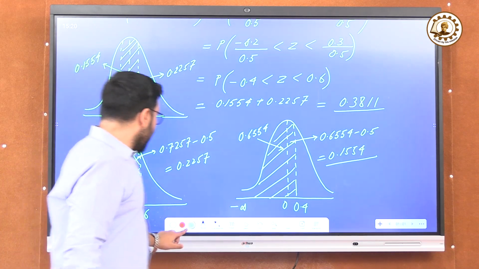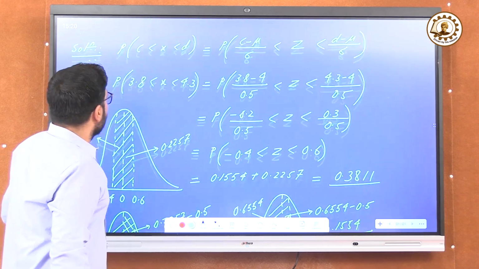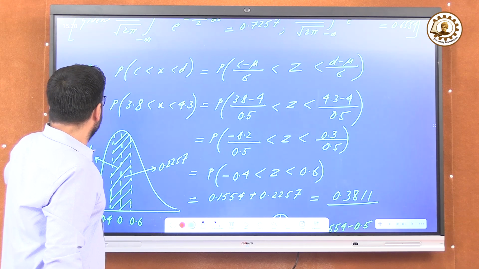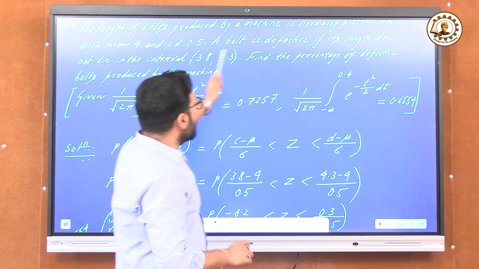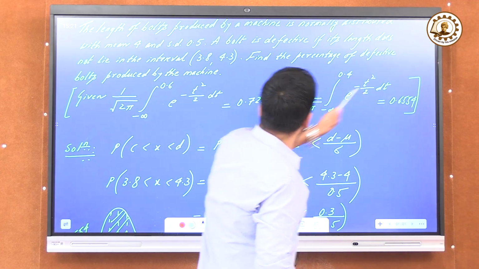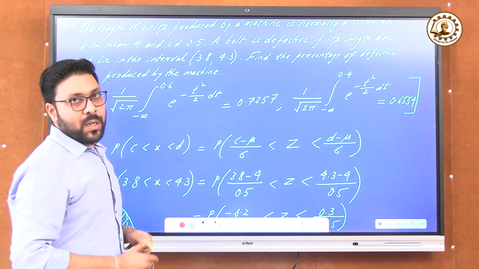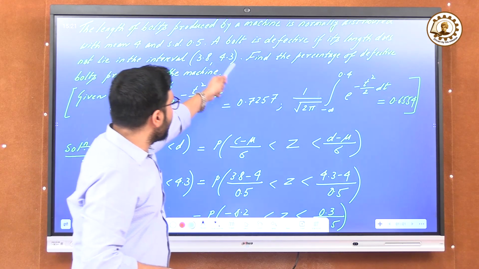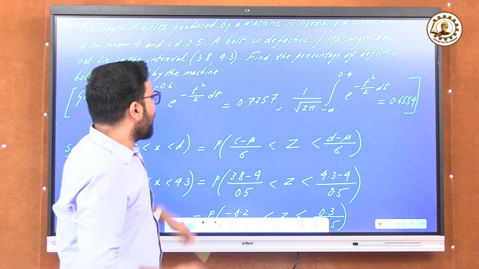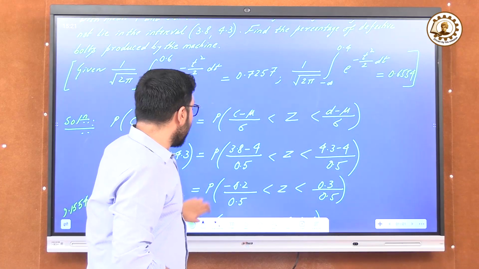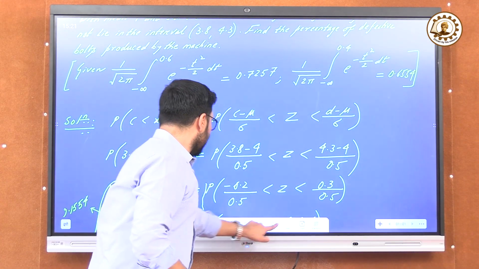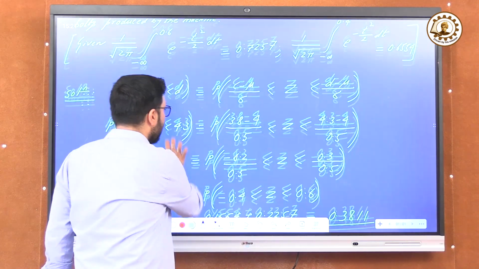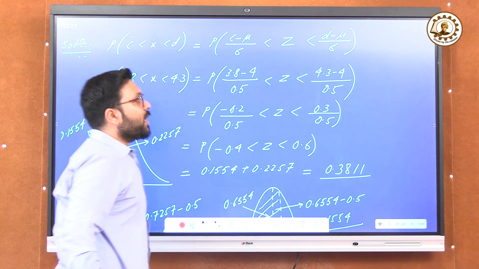Now let's see the question once again. It will be easier for you to understand now. See, a bolt is defective if its length does not lie in the interval. So this region we already got here. The probability is 0.3811.